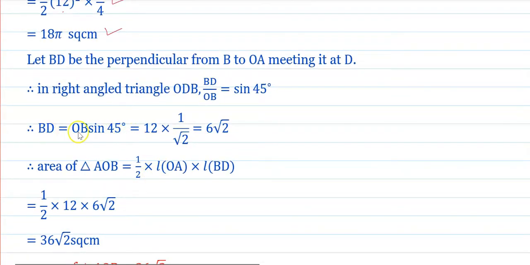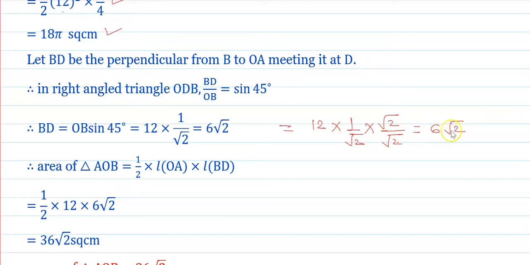Therefore BD is equal to OB into sin 45, that is 12 into 1 by root 2. You will get 12 upon root 2. Multiply numerator and denominator by root 2, and therefore you will get 12 into 1 upon root 2 multiplied by root 2 upon root 2. Root 2 into root 2 is 2, 12 upon 2, you will get 6 root 2. And this is the height.